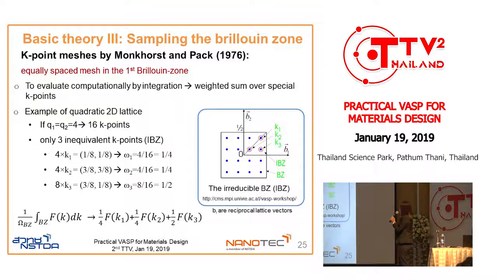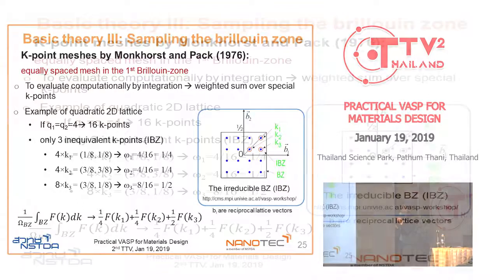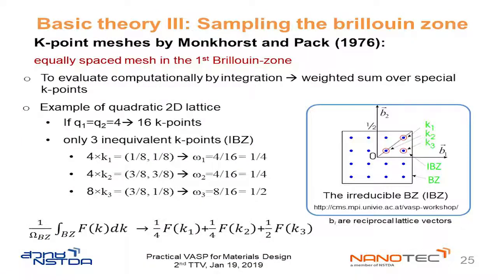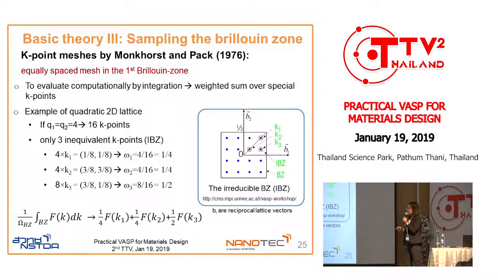And here it generates the K space around the gamma point. If this one is the gamma point, you have to be careful about the number of K points. So you have to test the convergence of the calculation with respect to the K points also. You can make a choice: when you use 5 by 5, you can get one K point at the gamma point. So this is an example of sampling in the Brillouin zone.